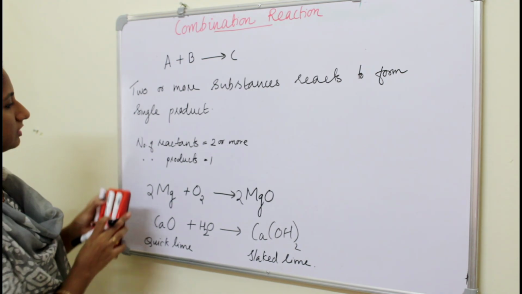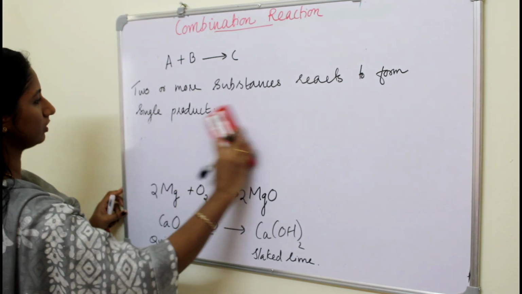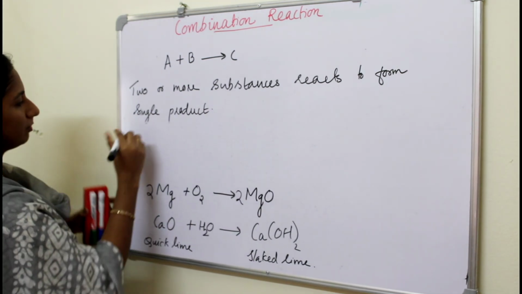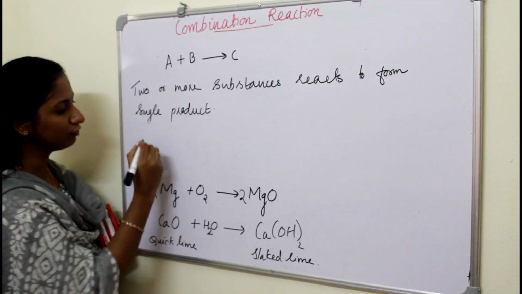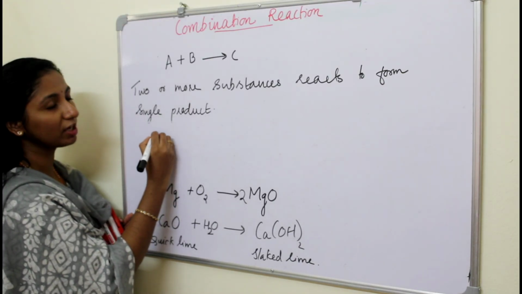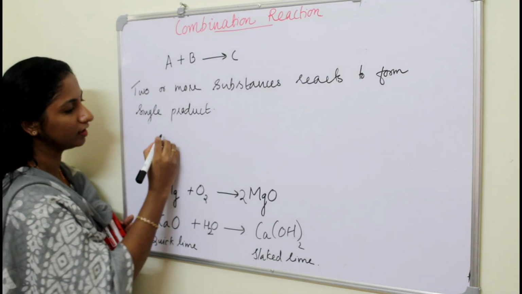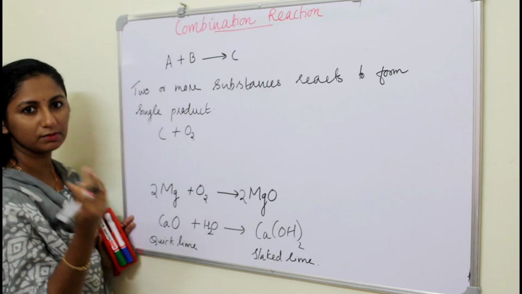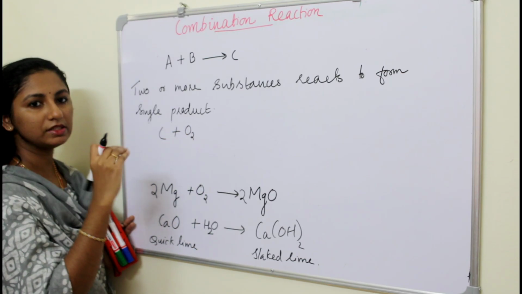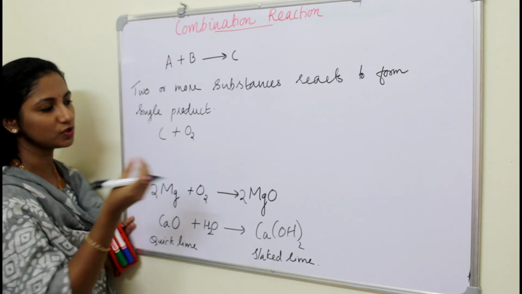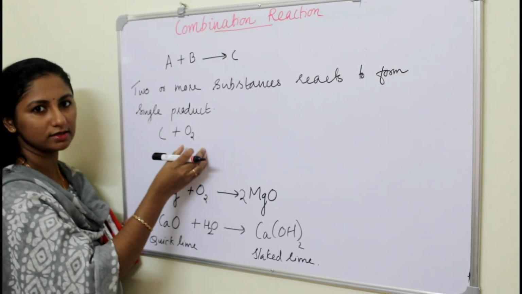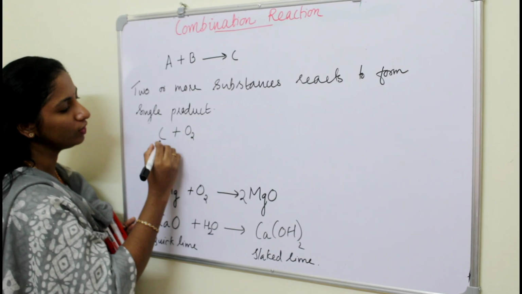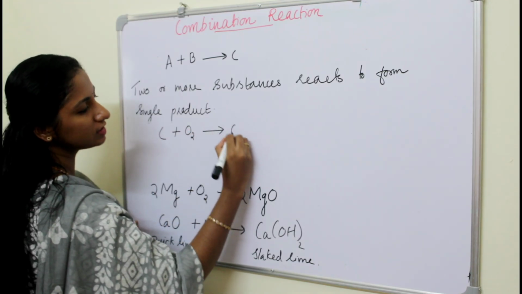So similarly we can take one more example here. Burning of coal. So what is the chemical formula for coal? Carbon, right? So carbon reacts with oxygen, that is, coal is burning in air, right? So for air we take O2 as the chemical formula. So C plus O2 gives what?